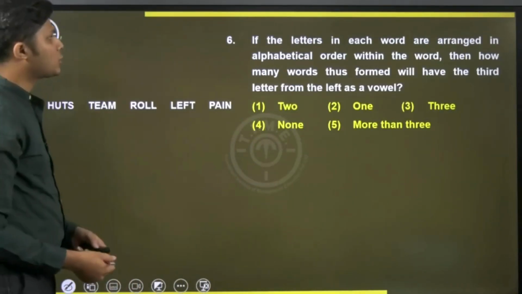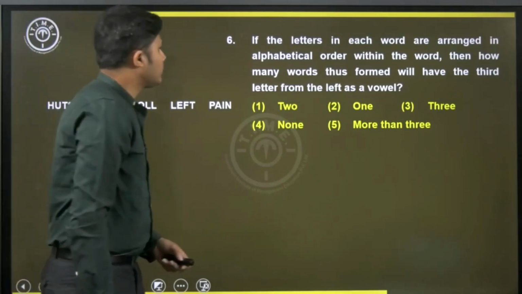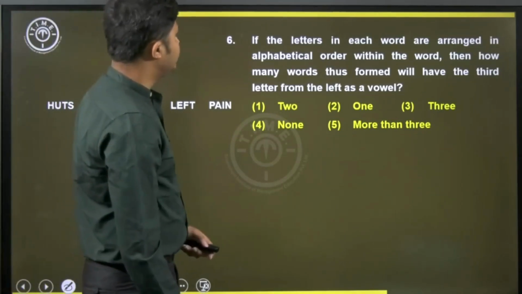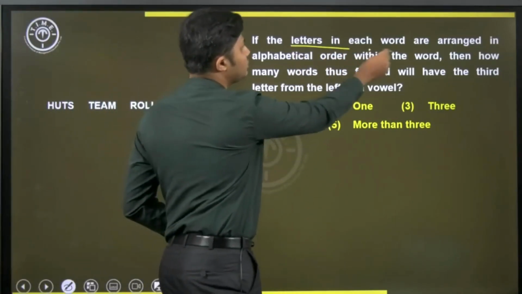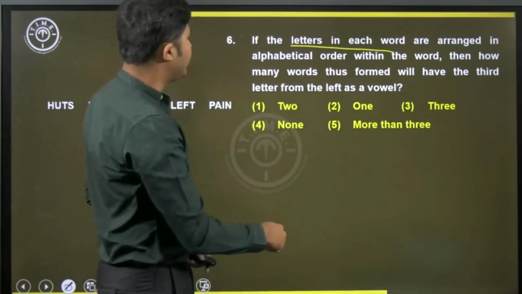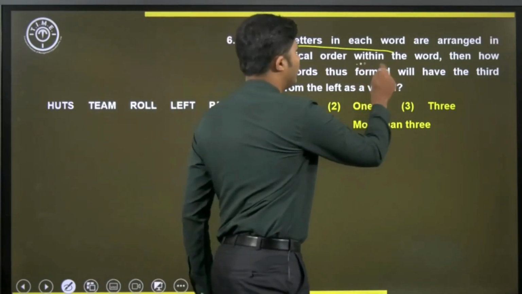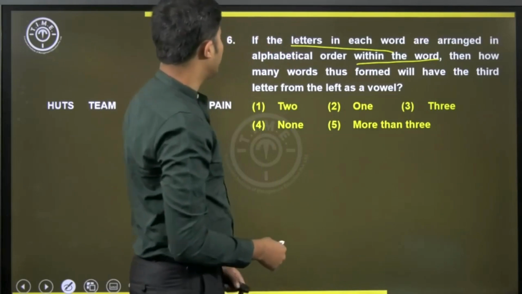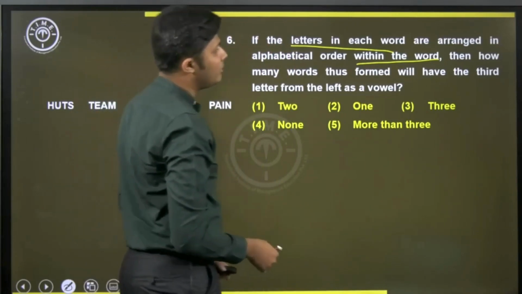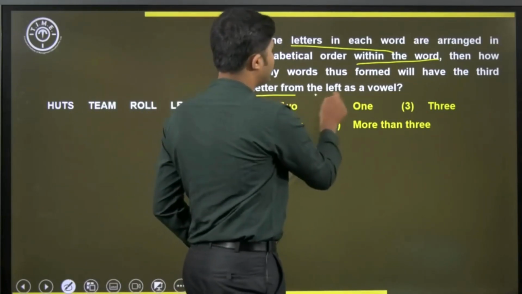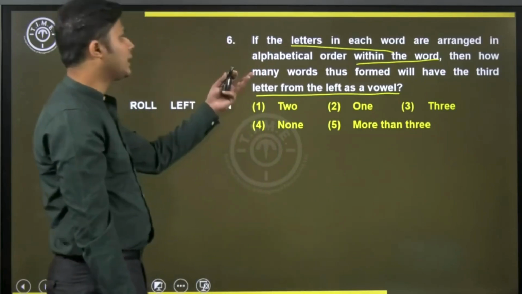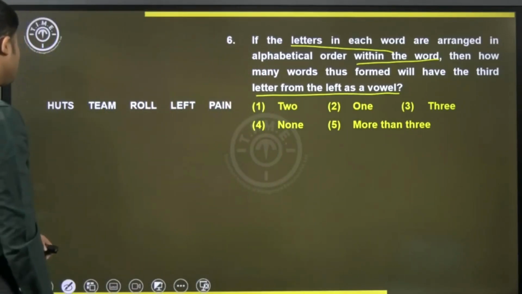So moving on to the next question. If the letters in each word are arranged in alphabetical order within the word, then how many words thus formed will have the third letter from the left as a vowel? So let's apply the condition to each of the words.